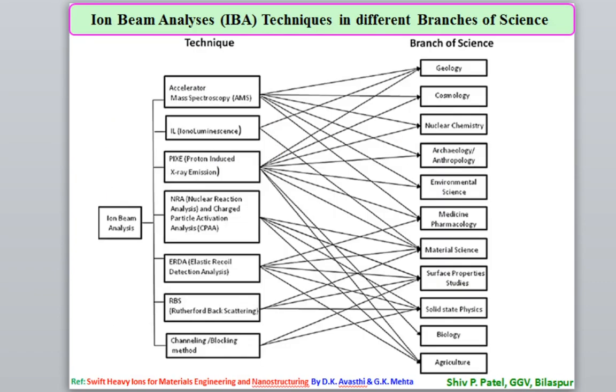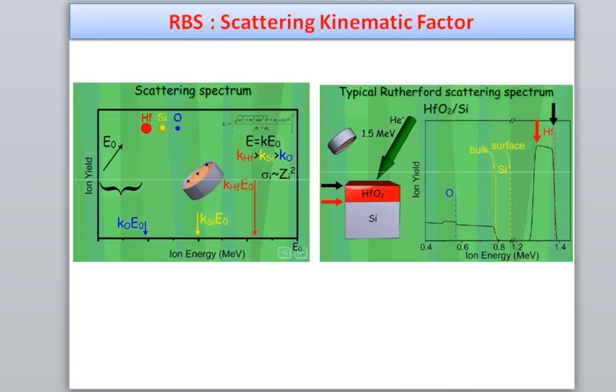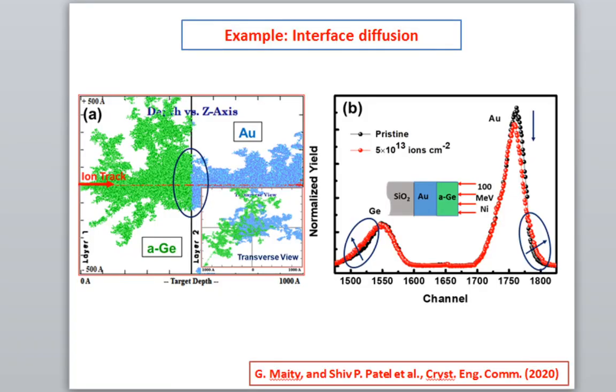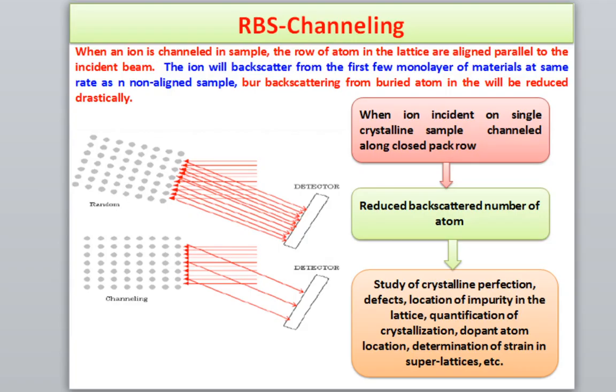We have learned in the last class this phenomenon, RBS, and after RBS we learned channeling. Let me again mention the important part of channeling. You might know that the crystal structure of any material can be observed by X-ray diffraction measurement. But RBS channeling is a very powerful tool which can give the quantification of crystallization, whether your sample is crystalline or not.